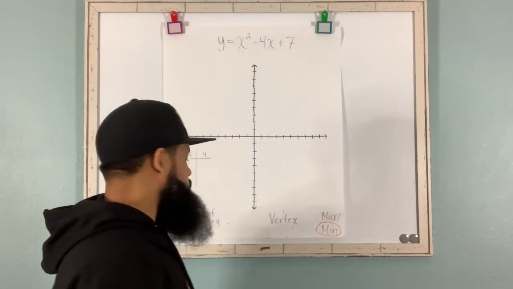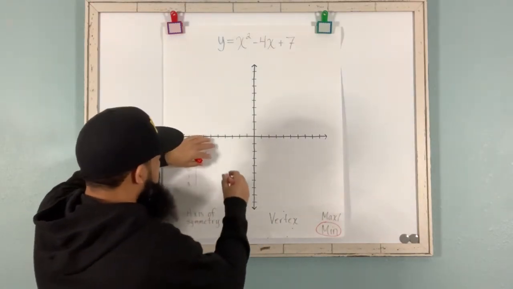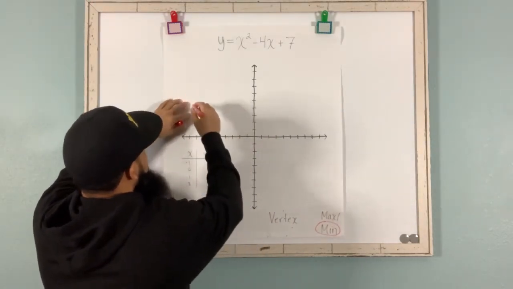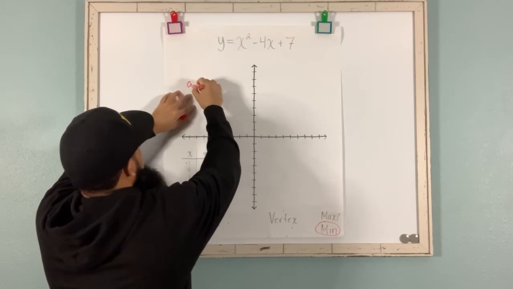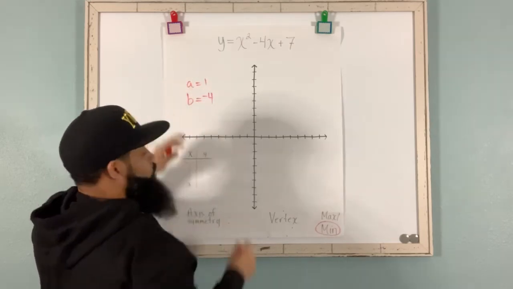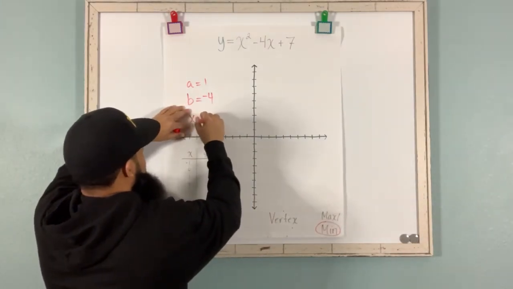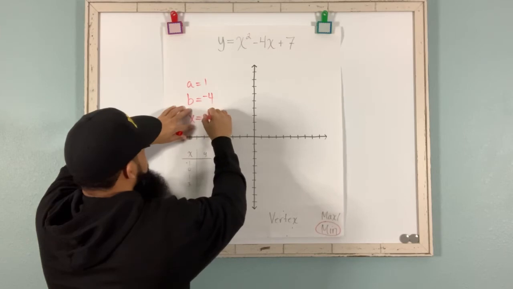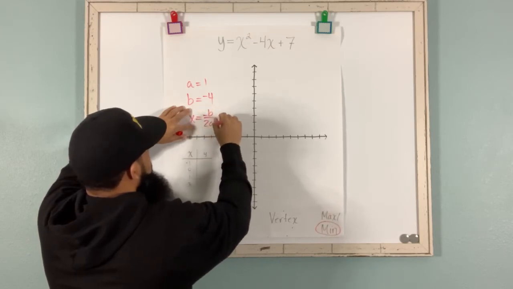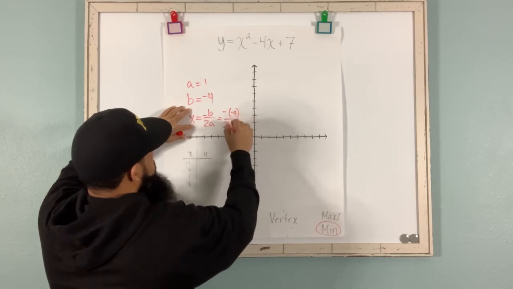All right. So we want to find the axis of symmetry. How do we find that? -b over 2a. So in this case, a is 1. b is -4. So x equals -b over 2a, which is the opposite of -4 over 2 times 1.